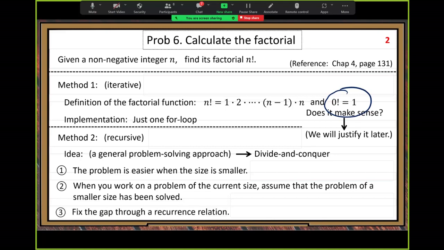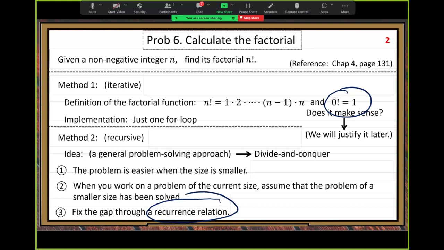Third, fix the gap, or bridge the gap, through a recurrence relation. How do you address that gap? Here we use the recurrence relation to address the gap between the smaller size problem and the current size problem. That gap can be represented by a recurrence relation.